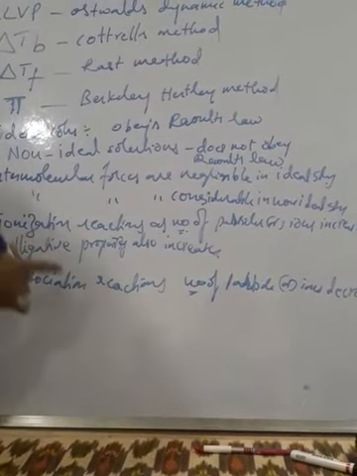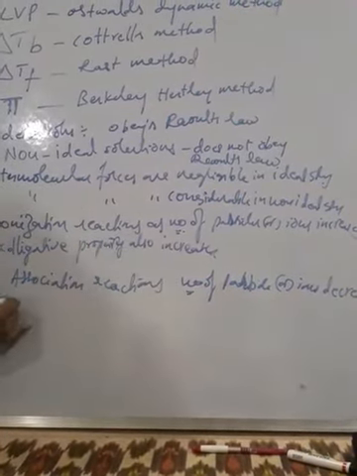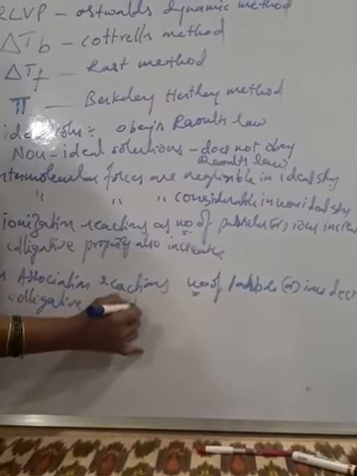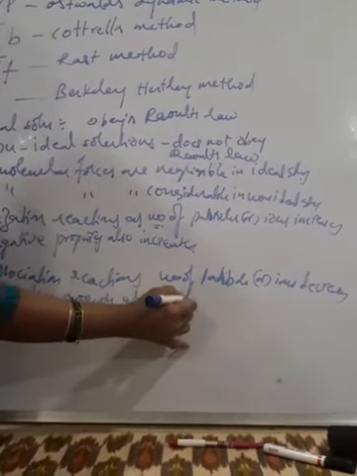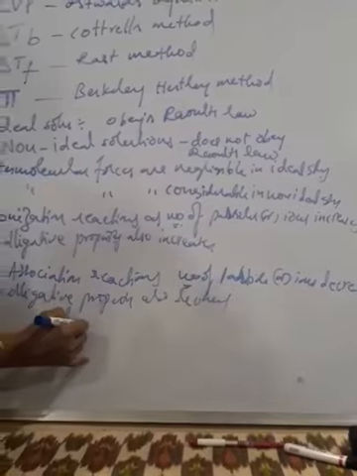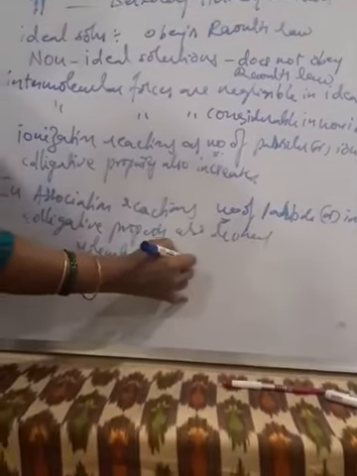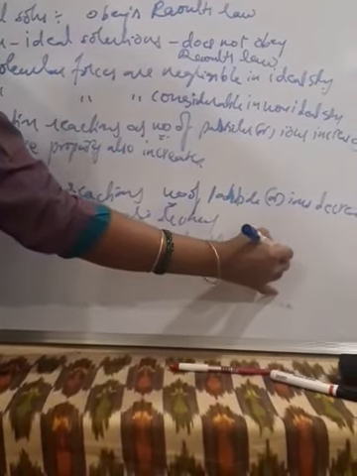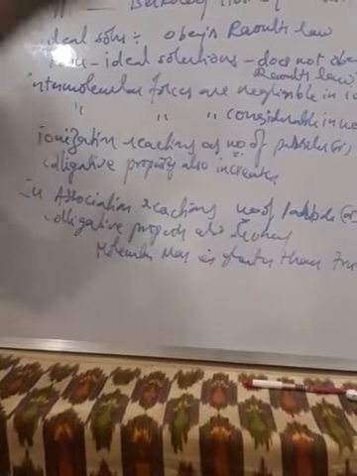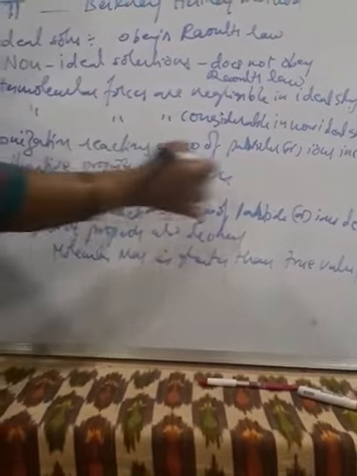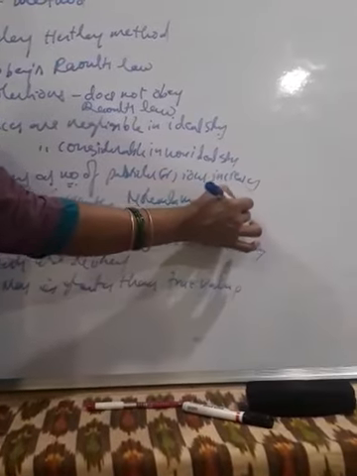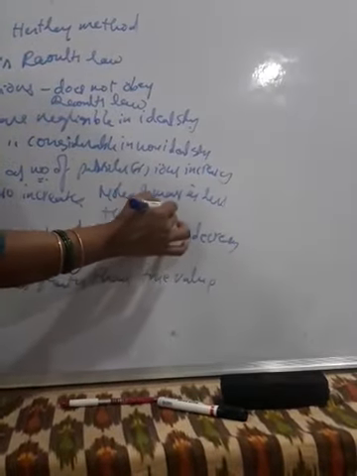In ionization reactions, as colligative property increases, molecular mass is less than the true value.